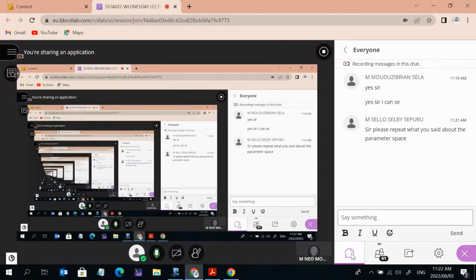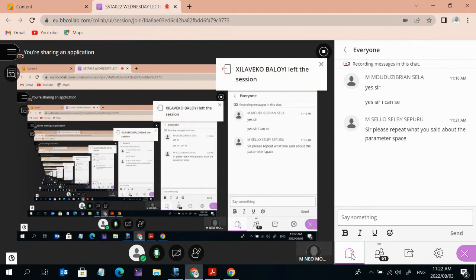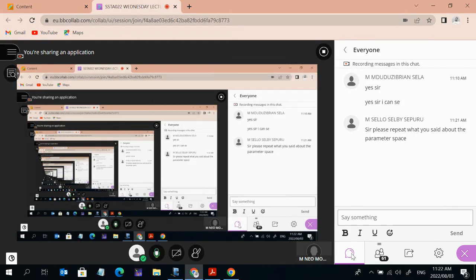So the definition says the method of maximum likelihood gives us theta hat, the estimator, and that estimator gives us the smallest upper bound in the parameter space. Are you answered?